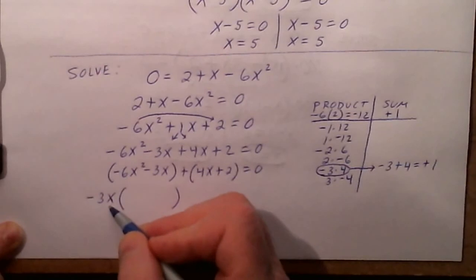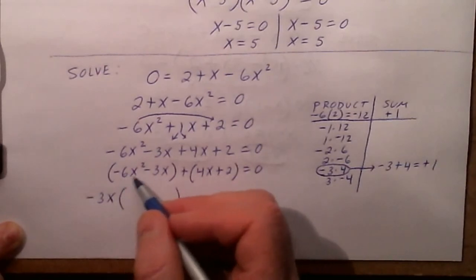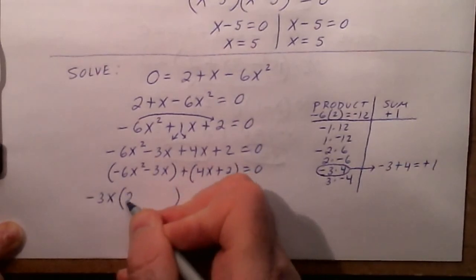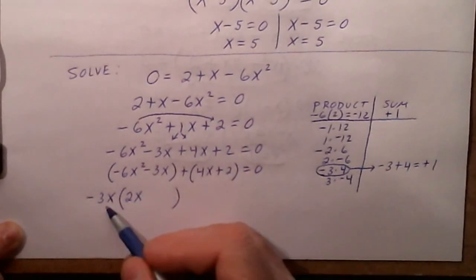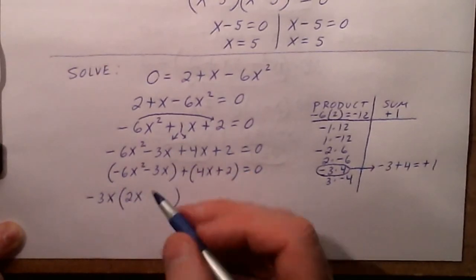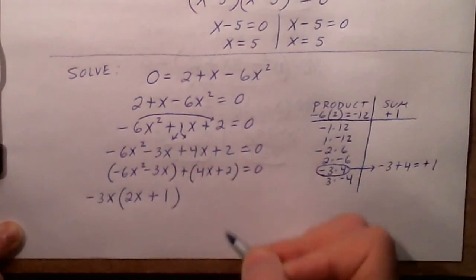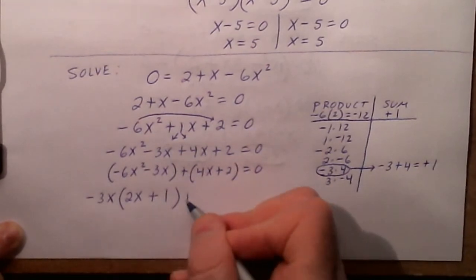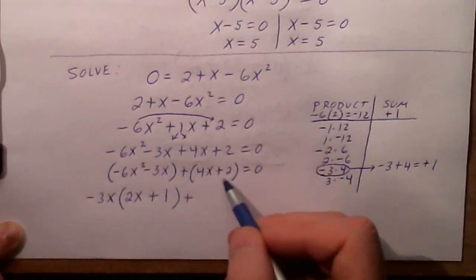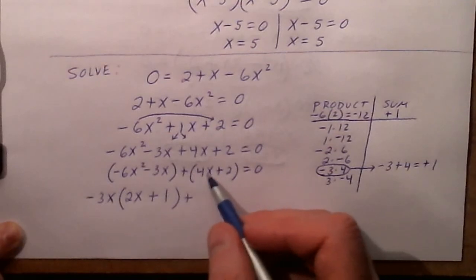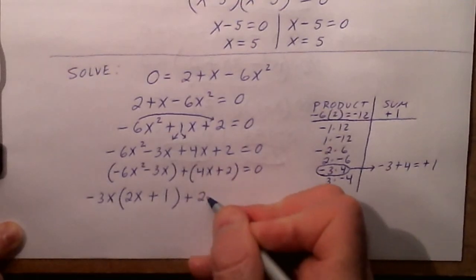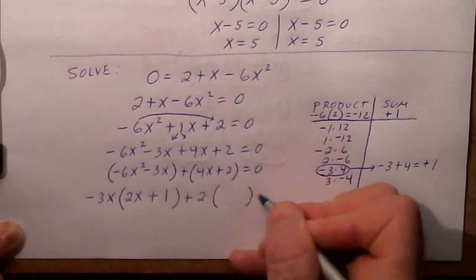When you factor -3x out of the first term, -6x squared, you'll leave behind 2x. When you factor -3x out of the last term, -3x, you'll leave behind +1. Plus, what can we factor out of 4x and 2? Well, the only thing we can factor out of both 4x and 2 would be 2 times. What would we leave behind in doing so?